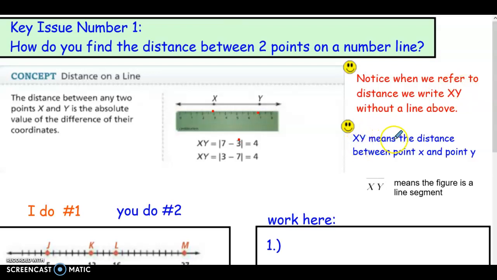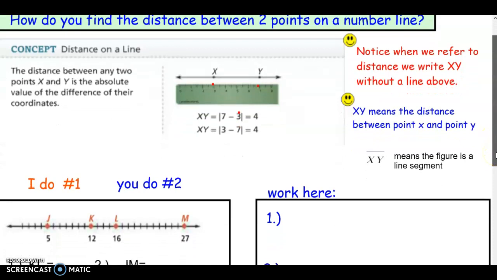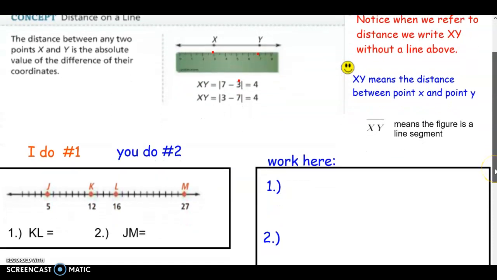Because that xy means the distance between the point x and y. It's not this, where it's referring to the actual figure, the segment xy. This refers to the distance. So no line across the top. The notation for finding the distance between 2 points is just the 2 letters.